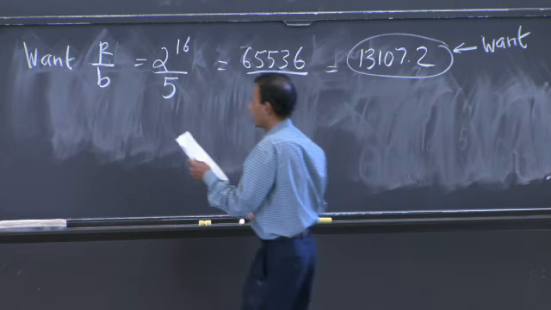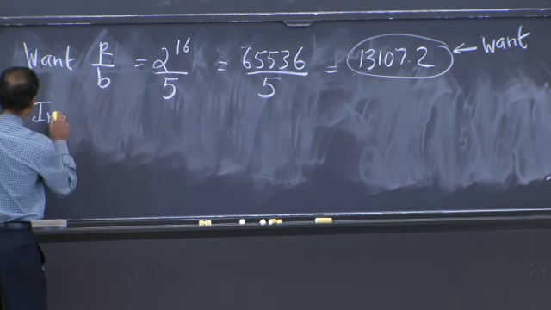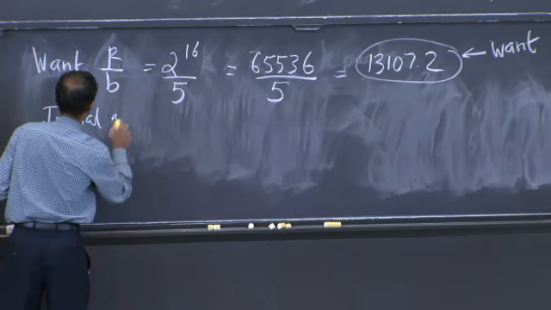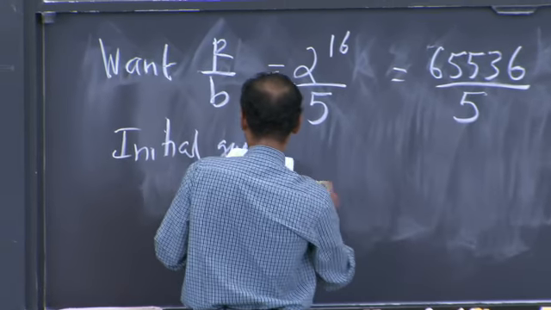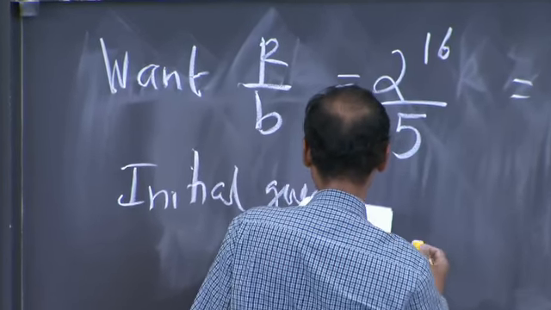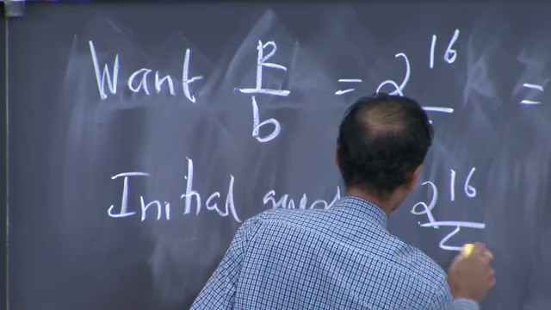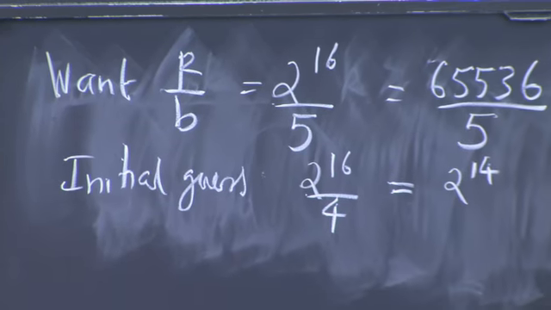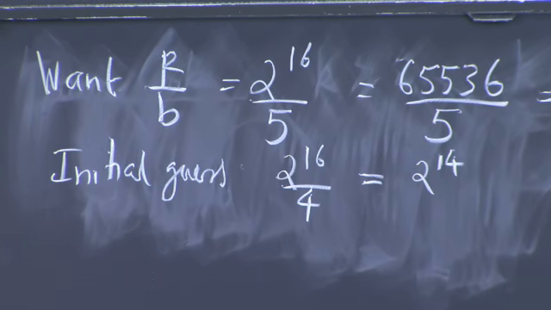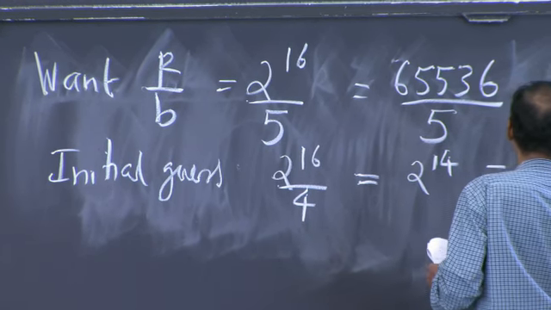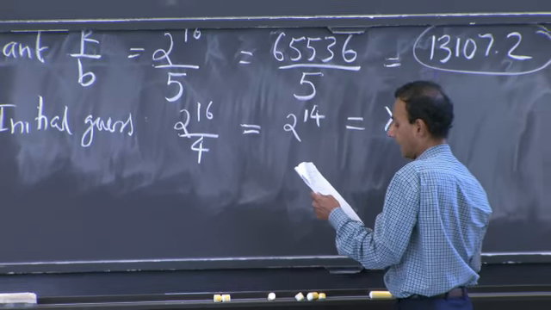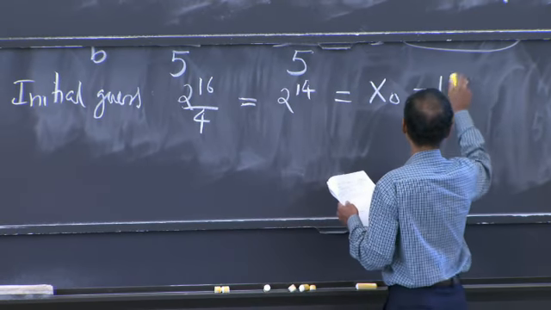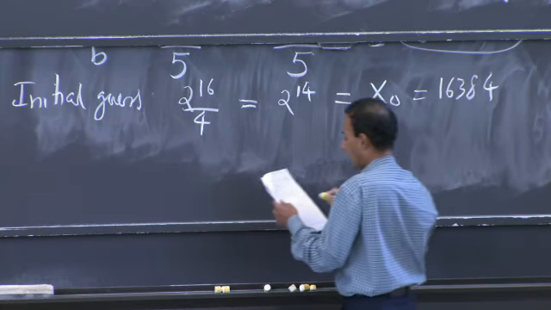And our initial guess, let's say we try 2 raised to 16 divided by 4, because we know how to divide by a power of 2, and so that's 2 raised to 14, and that's our initial guess. So think of that as x0, and that is 16384.